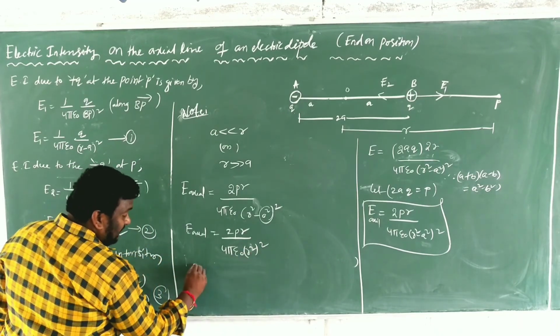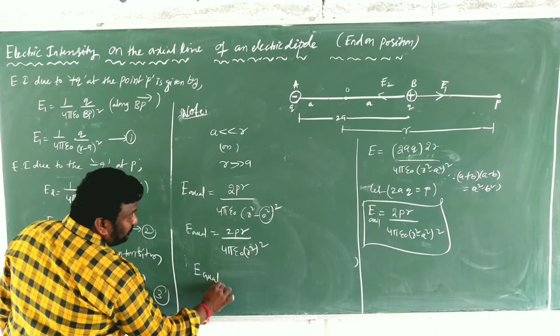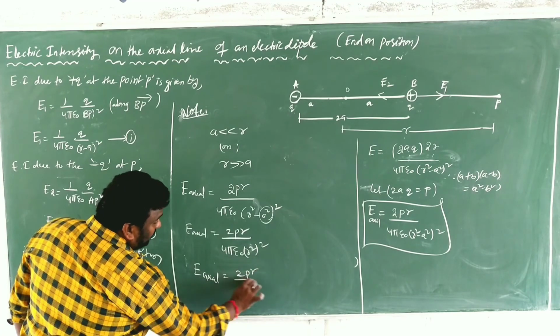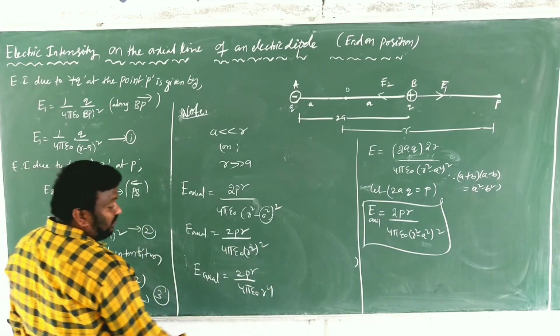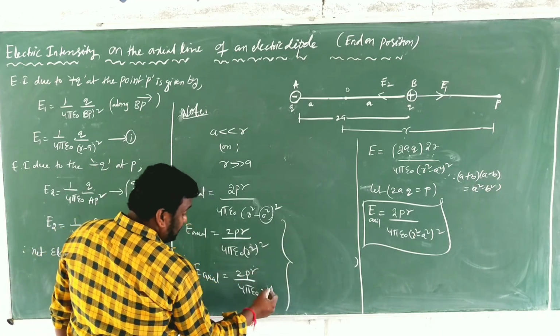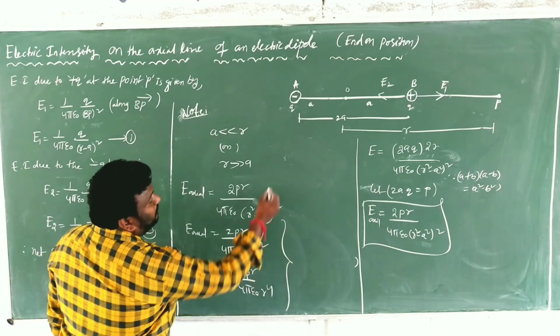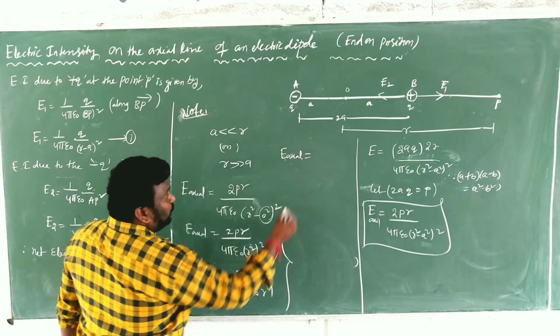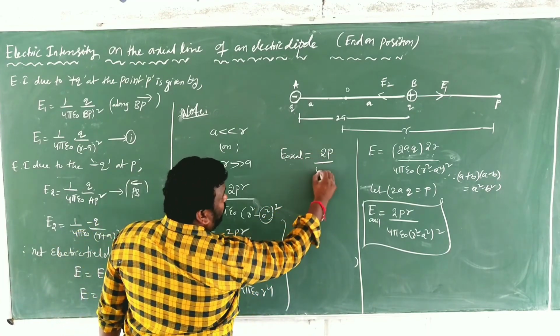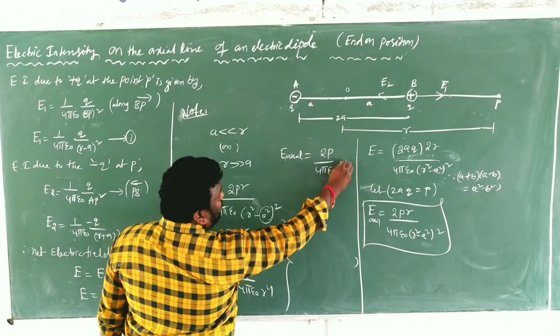Then E axial is equal to 2pr by 4 pi epsilon naught r to the power of 4. Then r once cancels, and finally E axial is equal to 2p by 4 pi epsilon naught r cube.